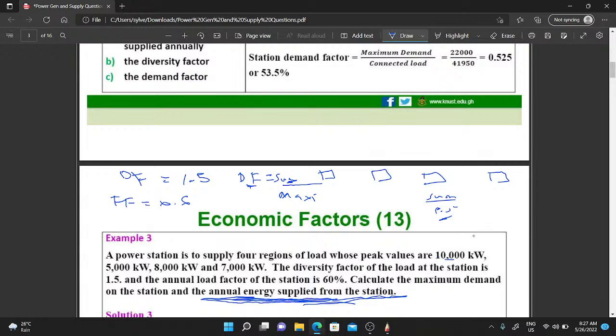Once again, we know that the load factor is given by the number of units generated all over 8760 times the maximum demand.